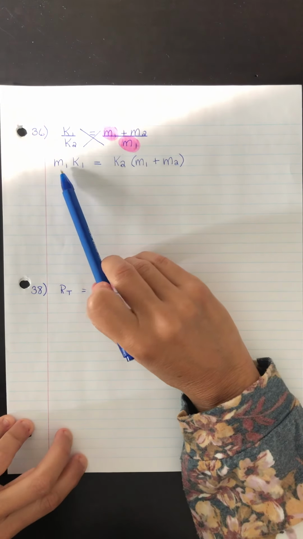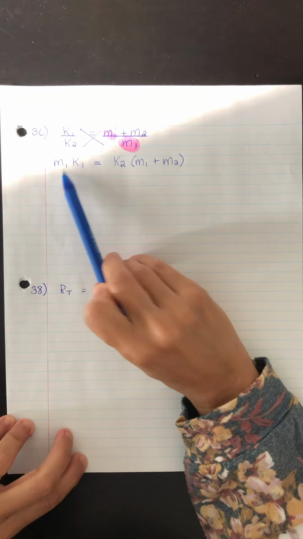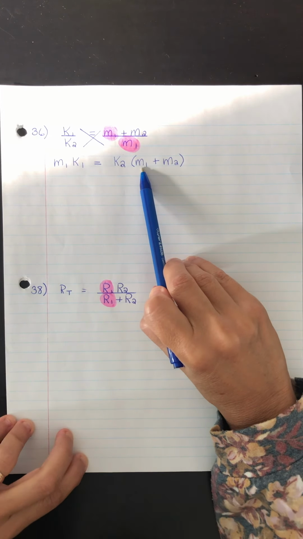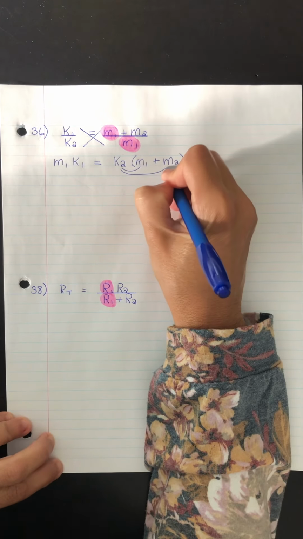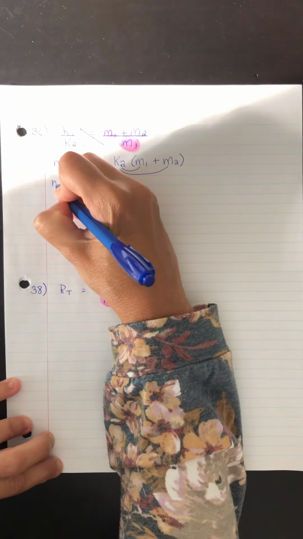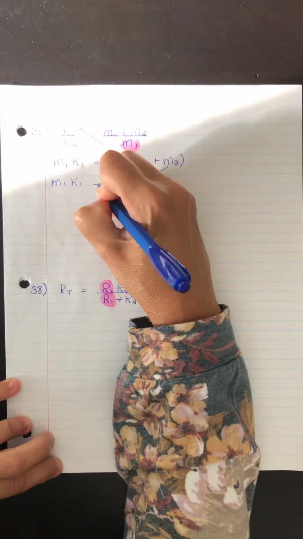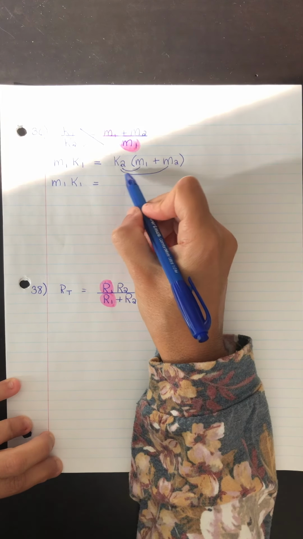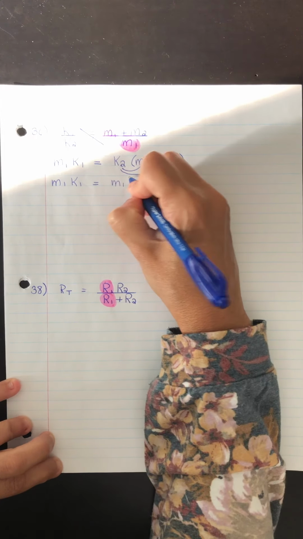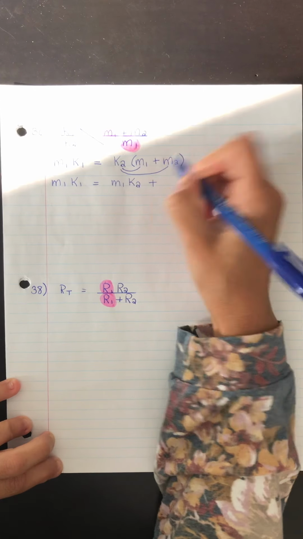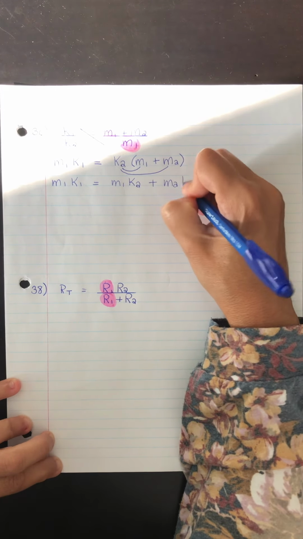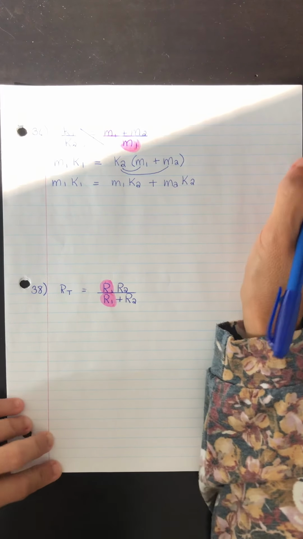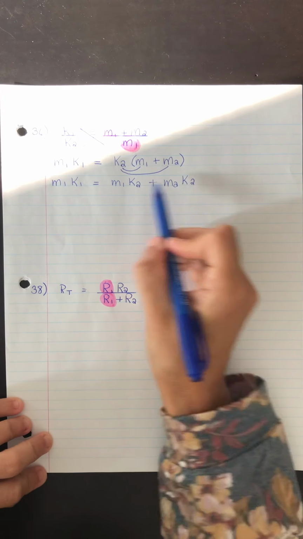Now, what we're solving for is m1, and there's one here and one here. For this one in the bracket, let's open the bracket. So we're going to have m1 k1 is, this term will be m1 k2 plus this one here, m2 k2, like this.